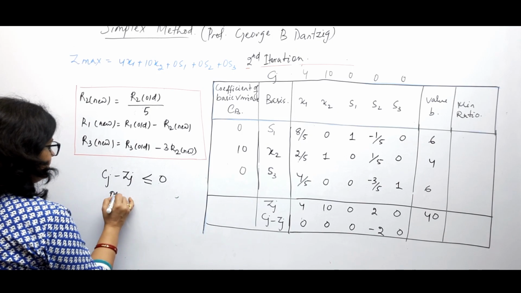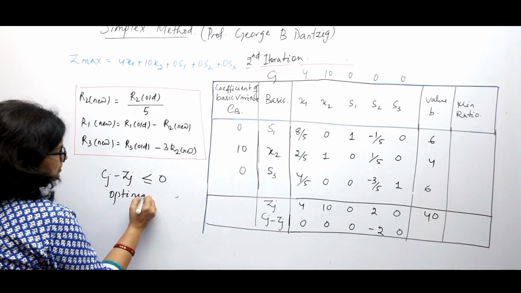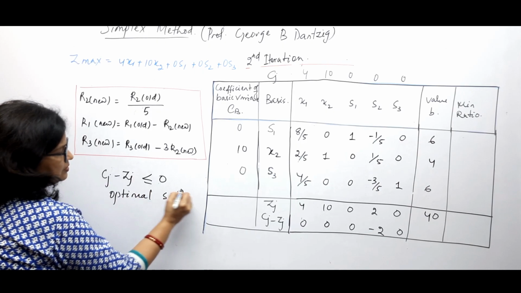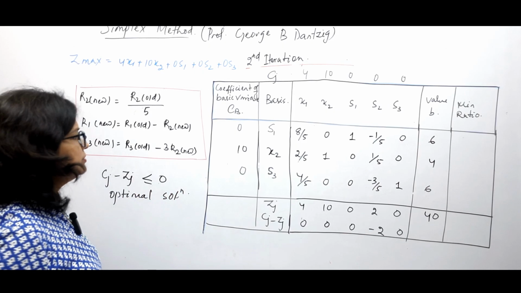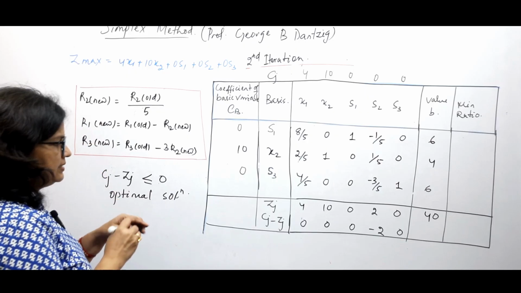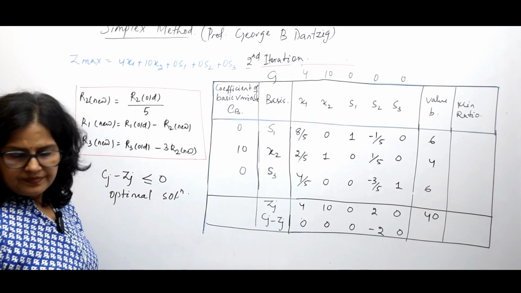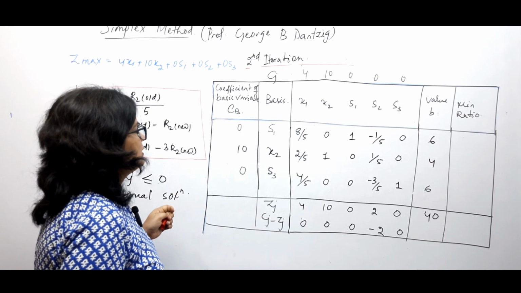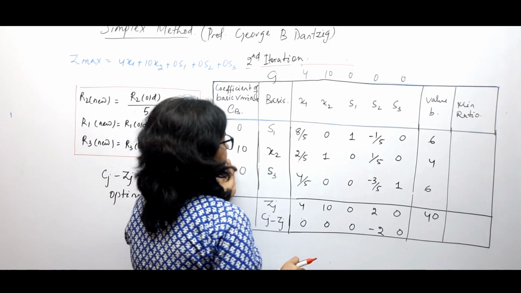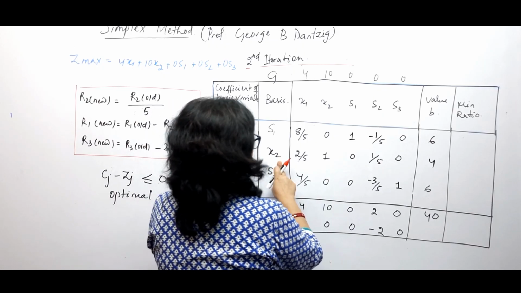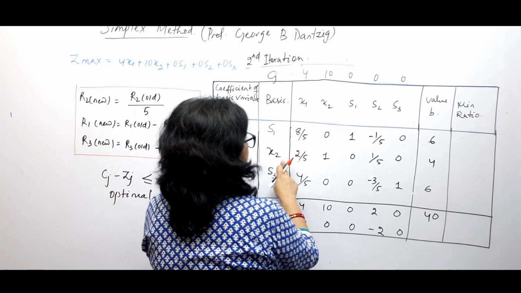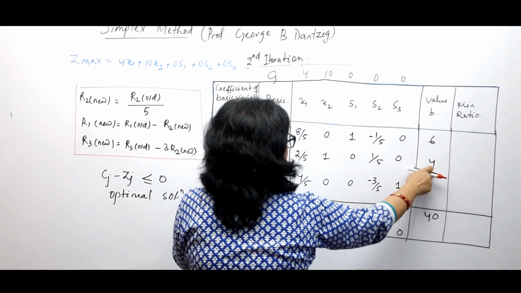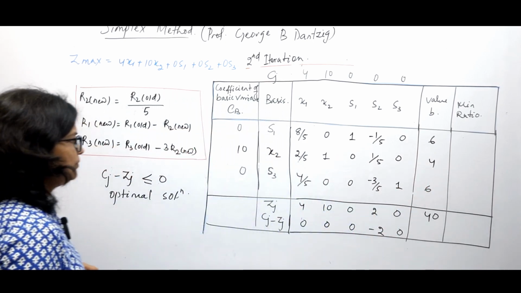So this is our optimal solution. The optimal solution, that is Z maximum at x2 equal to 4.